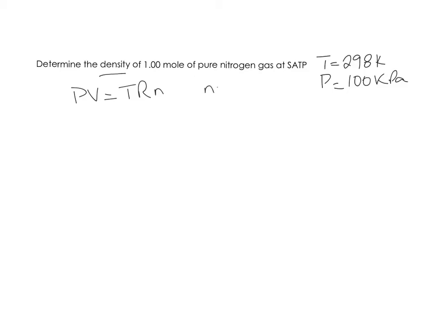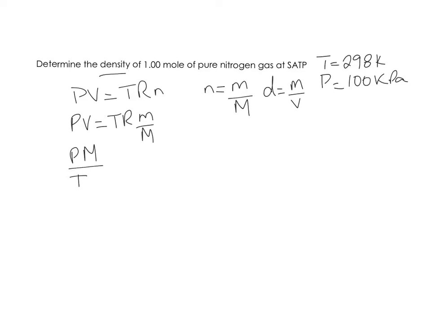However, we do know that moles are equal to mass divided by molar mass. And we do know that density is mass per unit volume. So if we substitute in mass over molar mass and then rearrange this, we will end up with mass over volume. So this is density. So now plug in your values.